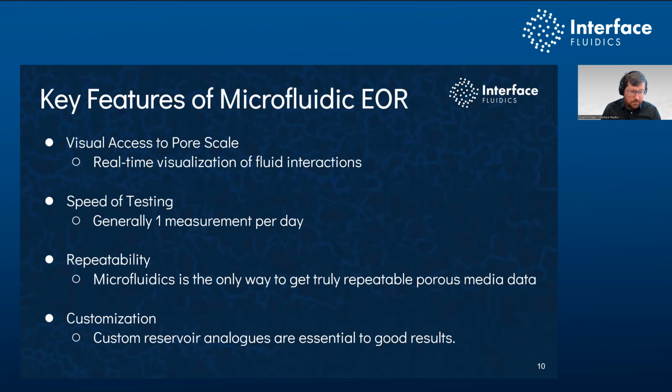The same is true here. So spending the time upfront to make custom reservoir analogs for our clients is something that really makes a big difference in the results. And it's something that Interface is uniquely positioned to do because we are the only fully vertically integrated microfluidics company serving this industry, which means developing a custom reservoir analog doesn't cost our customers anything. It's not something we charge for, it's just a part of the process.